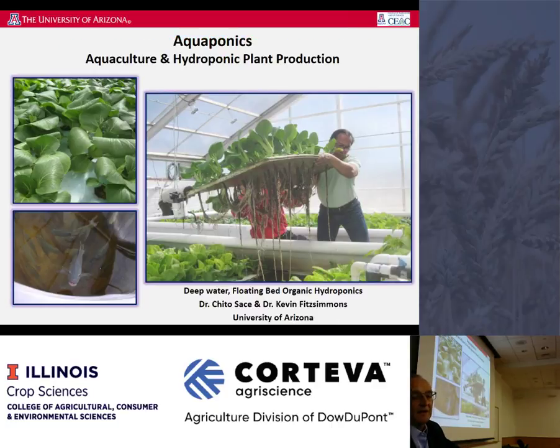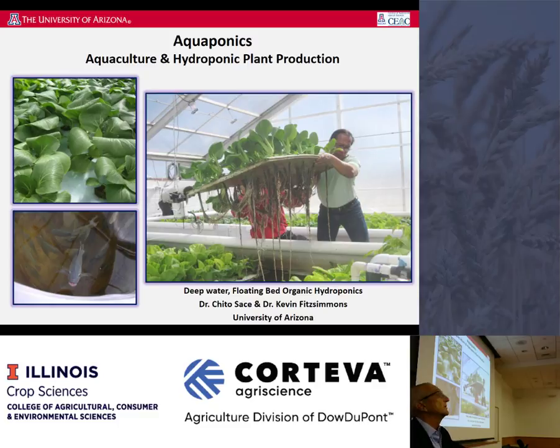Aquaponics, I put that in there. It's something of interest, utilizing fish and their waste in a closed system so that you can produce the fish without having to discharge the water that they live and swim in, and they essentially will kill themselves because of the amount of ammonia that they produce.